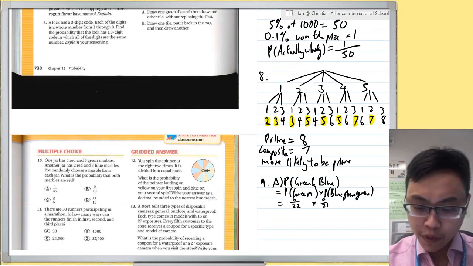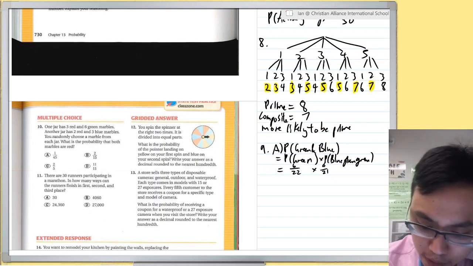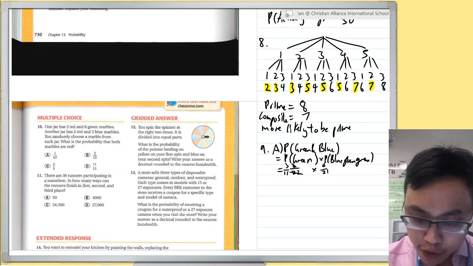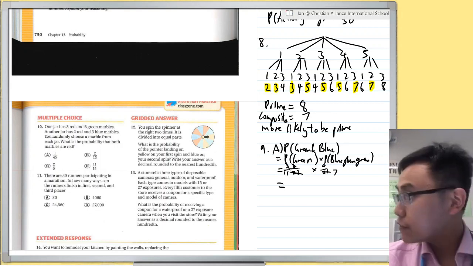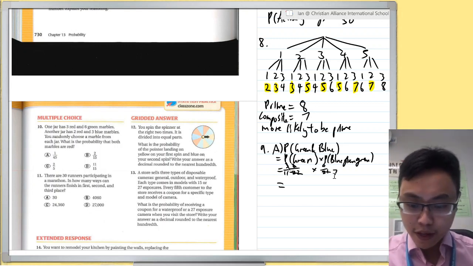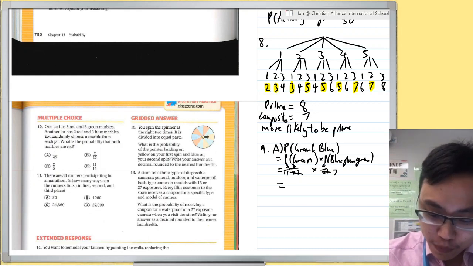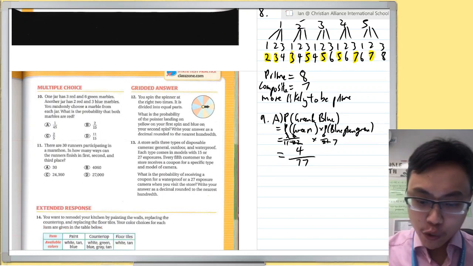Simplifying, 6 out of 22 is 3 out of 11, and 3 and 21 can be simplified again to 7. So 4 out of 11 times 7 is 4 out of 77. That's 4 out of 77 for green and blue.